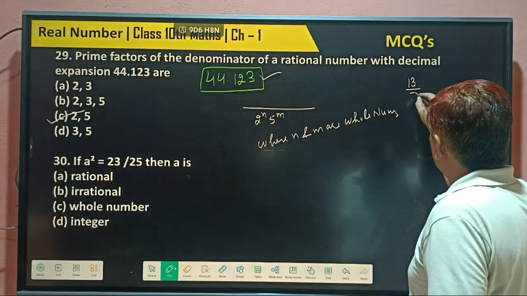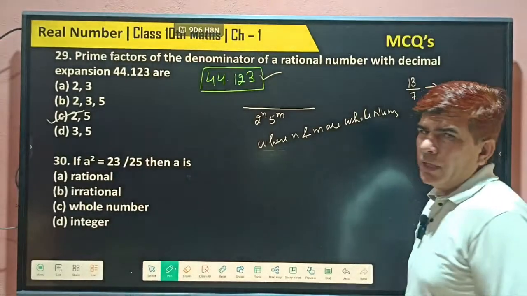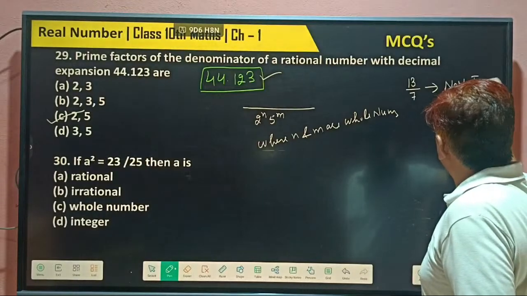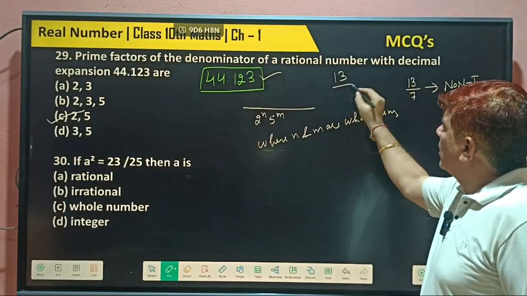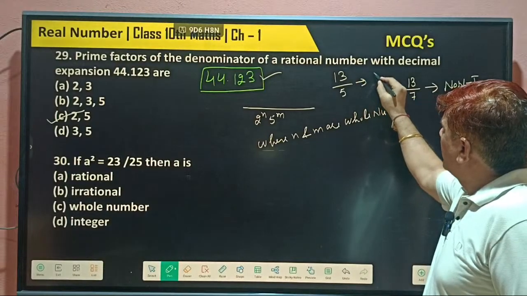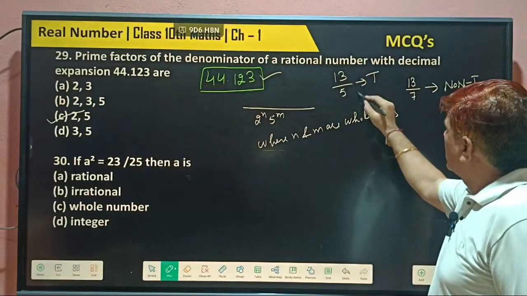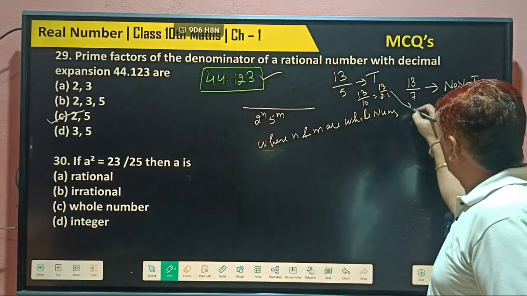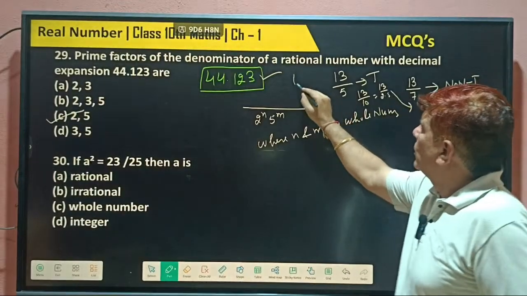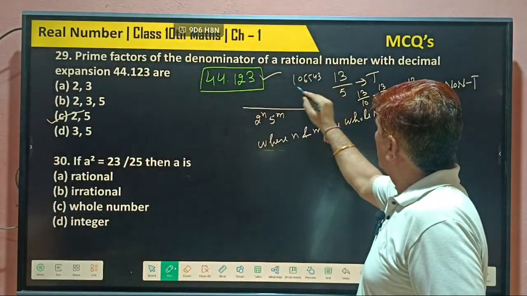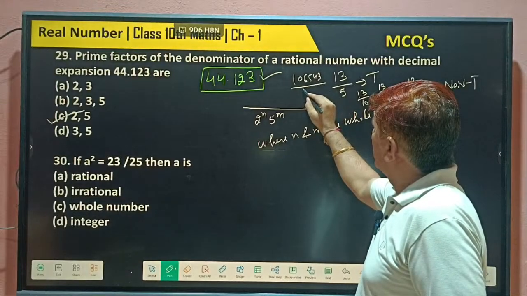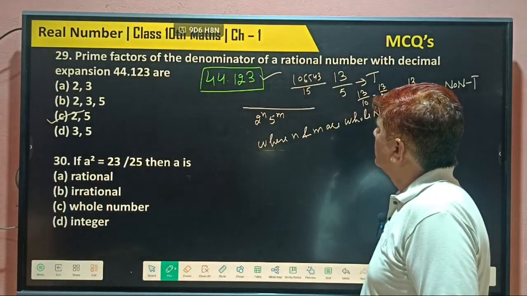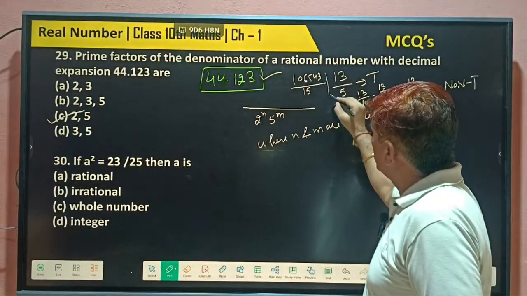13 by 7. So terminating or non-terminating? Directly I can say this is non-terminating. 13 by 5 is terminating. 13 by 10, 13 by 2 into 5, terminating. 106,543 divided by 15. First convert this into simplest form.